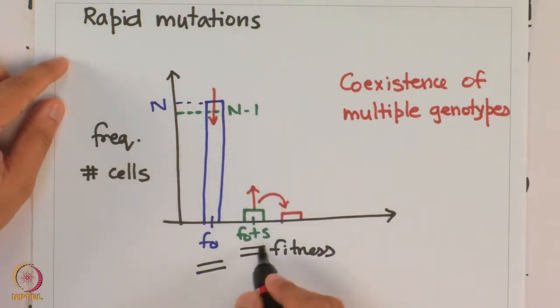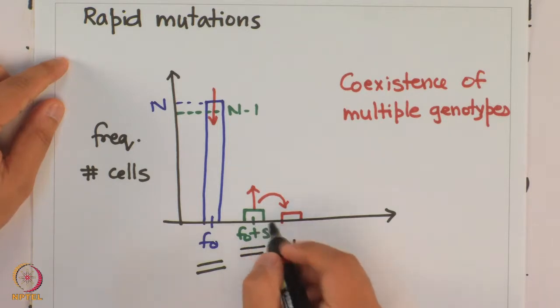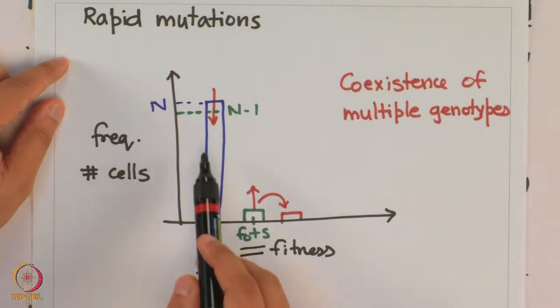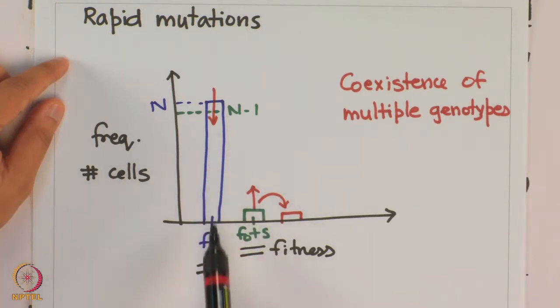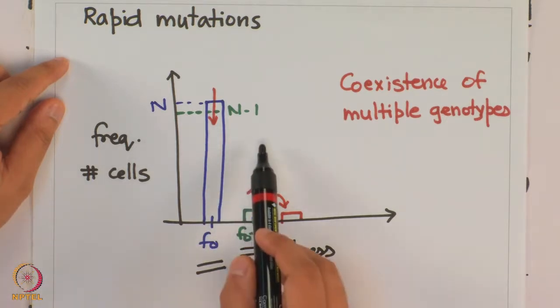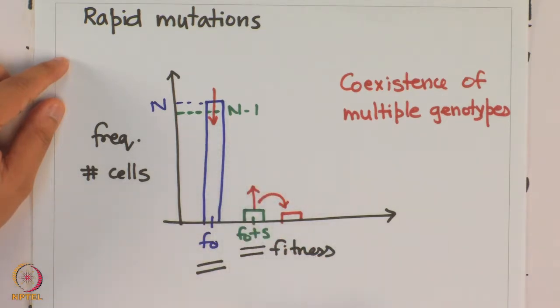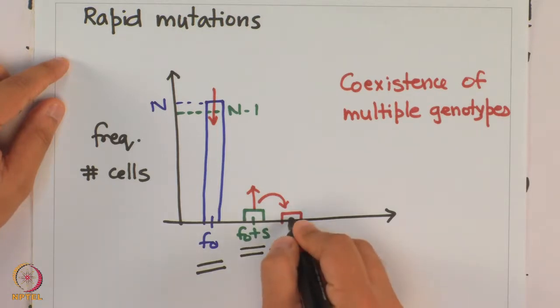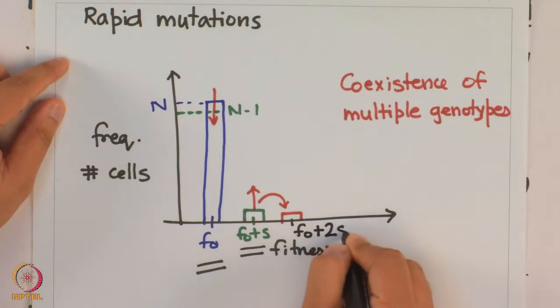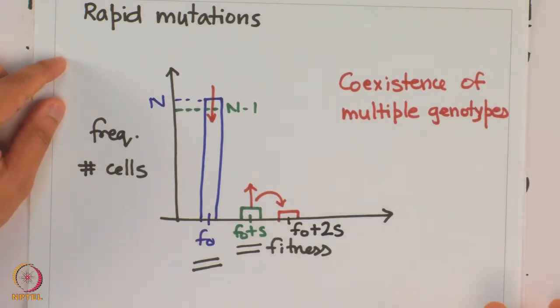Once we have these two genotypes coexisting in the population, selection would ensure that individuals corresponding to this particular fitness increase in number and individuals corresponding to this fitness decrease in number. And while this is being eliminated and this is going towards fixation, the mutations are occurring at a very high frequency, and what that results in is another beneficial mutation occurring in the environment, and now you have individuals which are present at fitness f naught plus 2s.